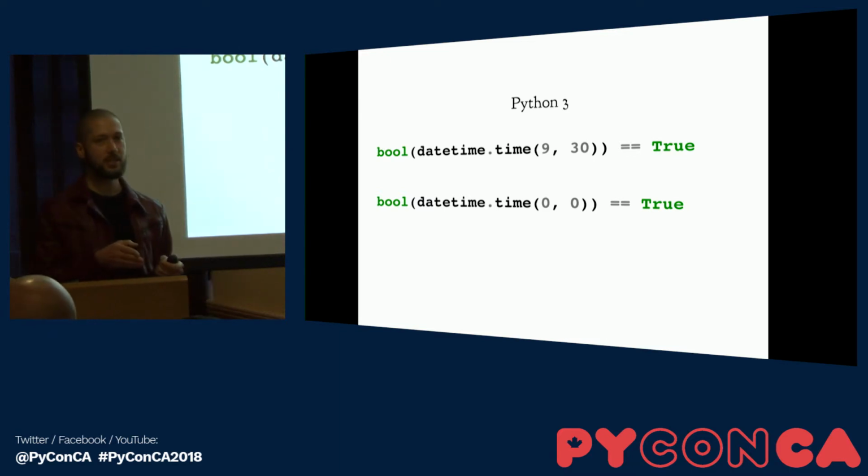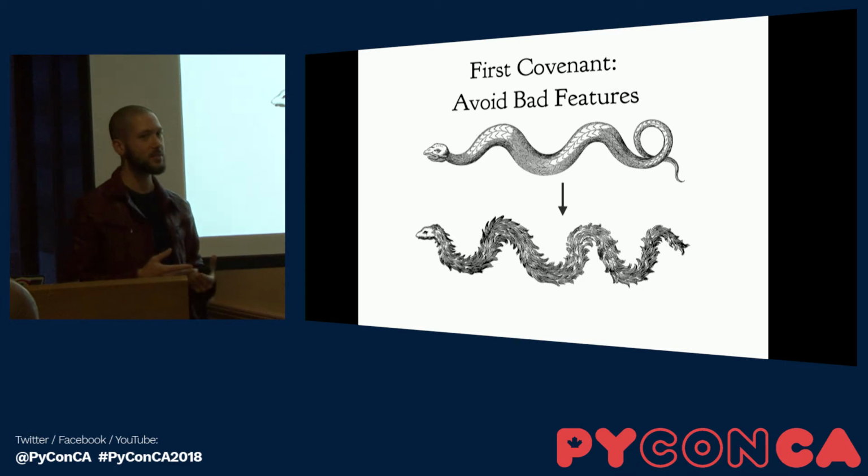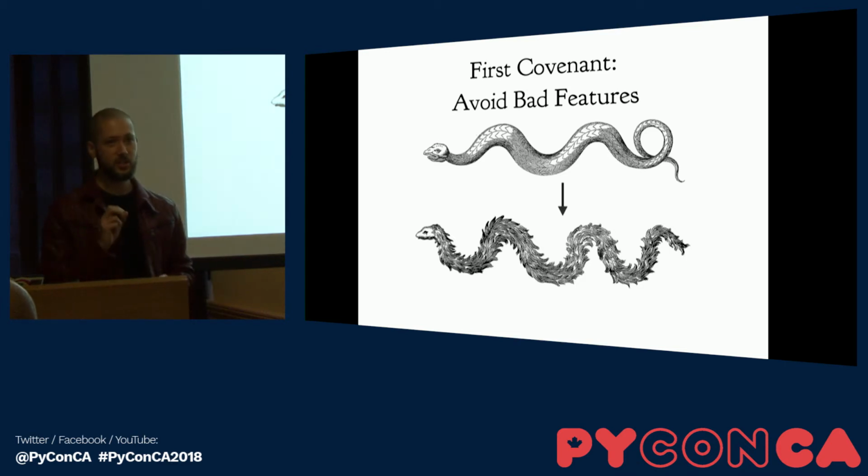Really, the best thing of all to do is not to add bad features in the first place. So this is the first of the 10 covenants that I'm going to describe that a creator deity has with its creature: don't add bad features.